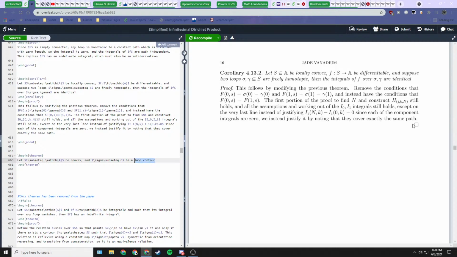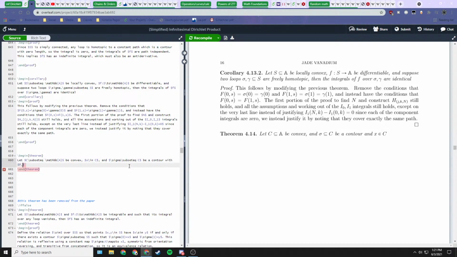Actually, we can just say any contour. And X be in C. Okay, so C is convex, X be in C, and sigma subset C be a contour with P1 of sigma never equal to P1 of X.